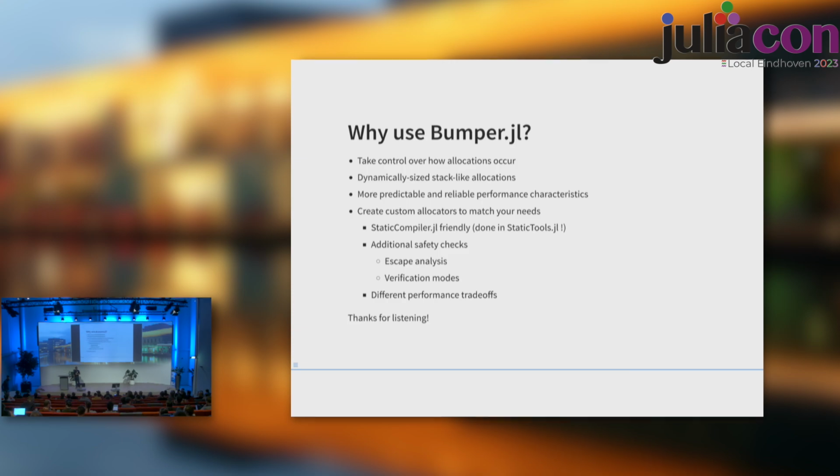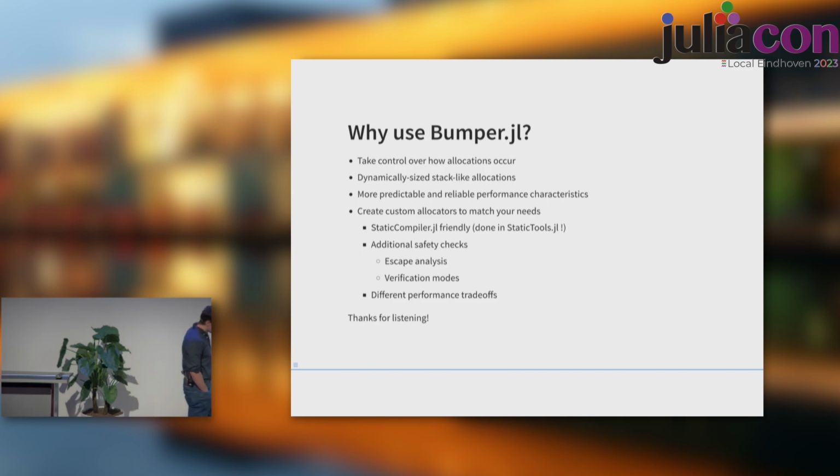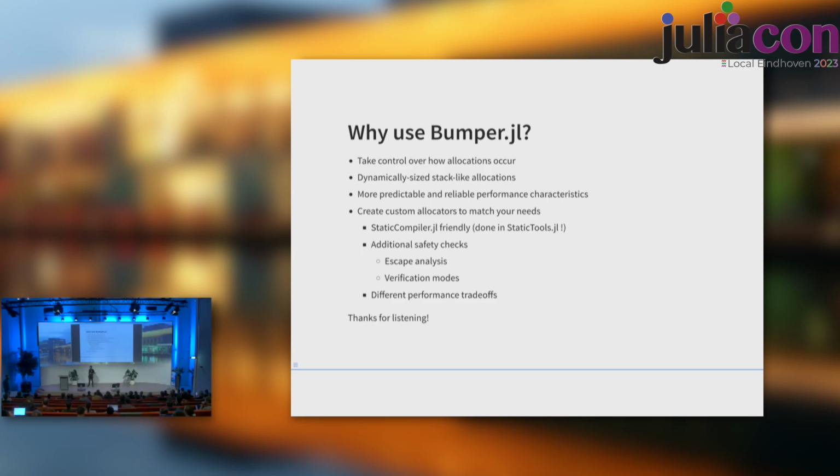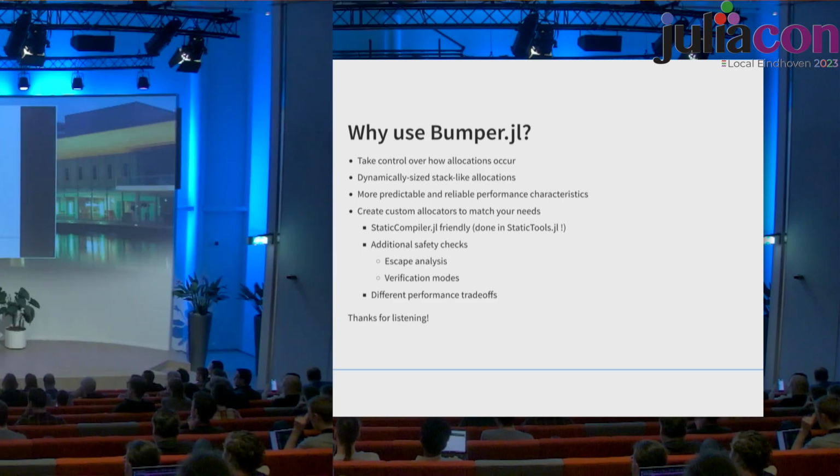Thanks for the talk. Are these allocated storages regular Julia arrays and matrices or something else? So it depends. With the alloc buffer, it can store any type that you put into it. So it's really up to you. That type just needs to support size and the pointer function.